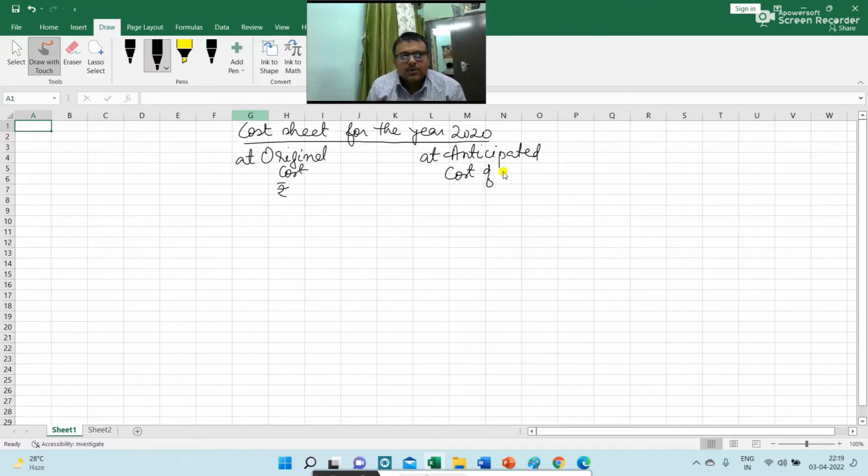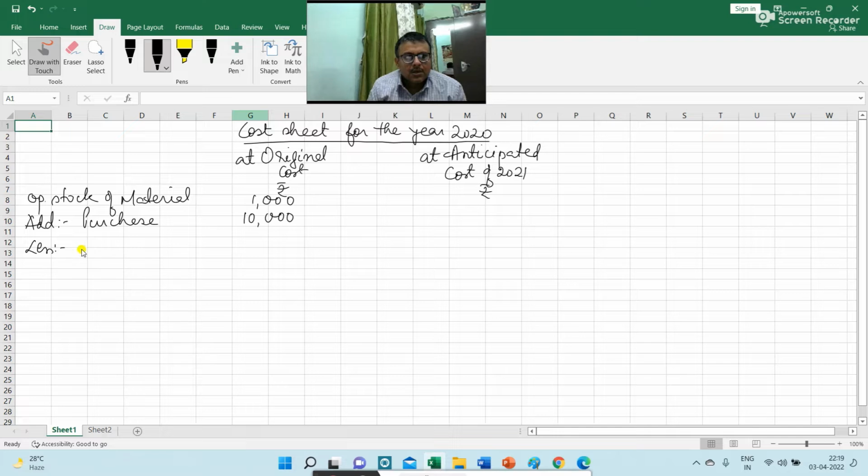So we have an opening stock of material of Rs 1,000, add purchase Rs 10,000, less closing stock of material, we have 2,000.